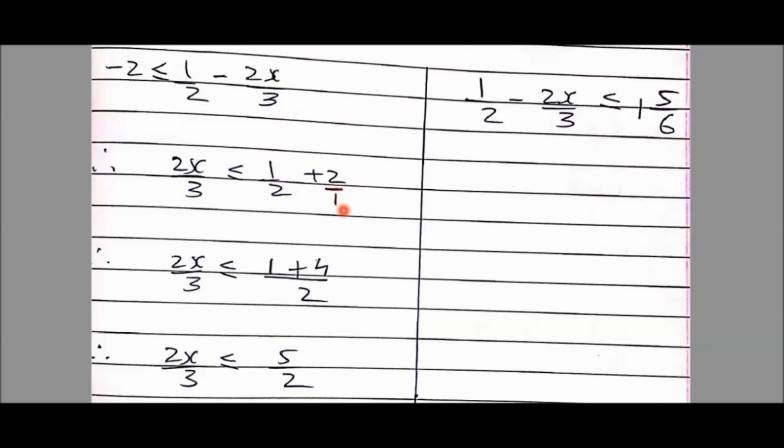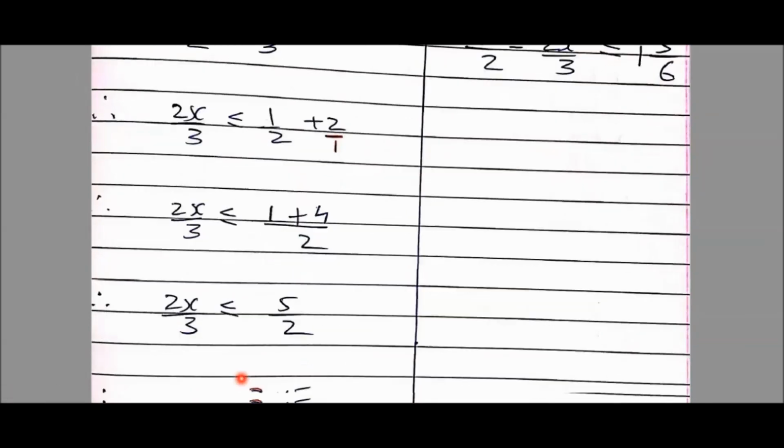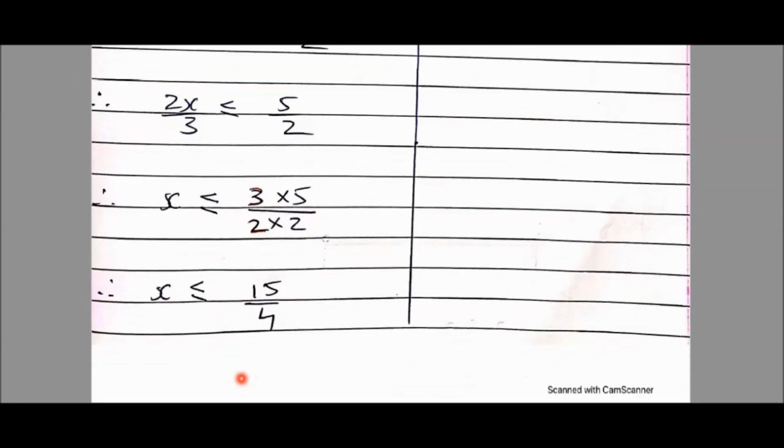So now we can take an LCM here. 1 ones are 1, 2 twos are 4. See here 1 and 4 here, and below 2 ones are 2. And this is copied as it is here. So 2x upon 3 is here, 4 plus 1 5 upon 2 here, and we have less than equal to sign here. So now this 2 is multiplied with x. I just want x alone, so I'll send this 2, and this 2 will go in the denominator.